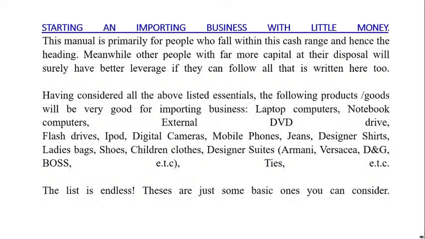Mostly everyone needs memory cards, and memory cards are sold as cheap as 500 naira, 1000 naira if I convert it to the Nigerian currency. The same memory card is being sold for 16,000, 8,000, 10,000 right here in Nigeria. The same thing applies to you in Ghana, to you in Cameroon, and the other African countries. So you can see that these items, even phones, jeans, designer shirts, designer bags, and so many of them.